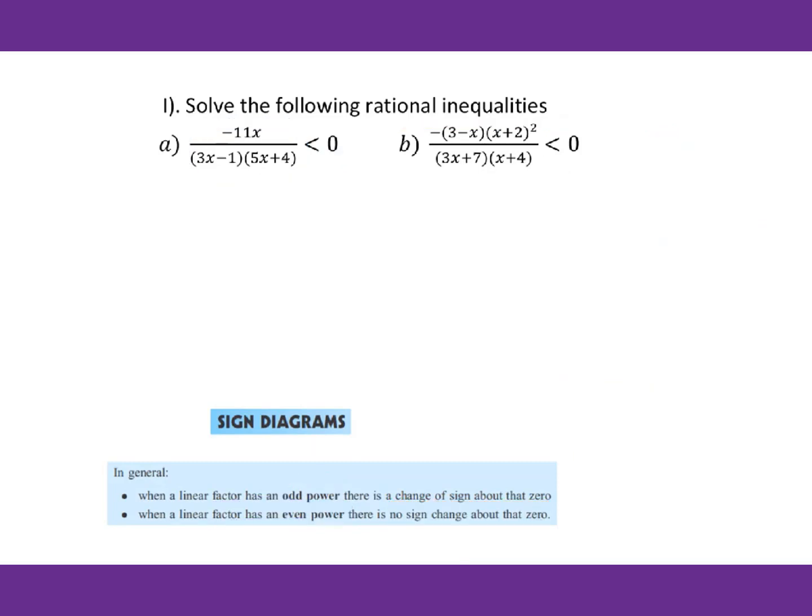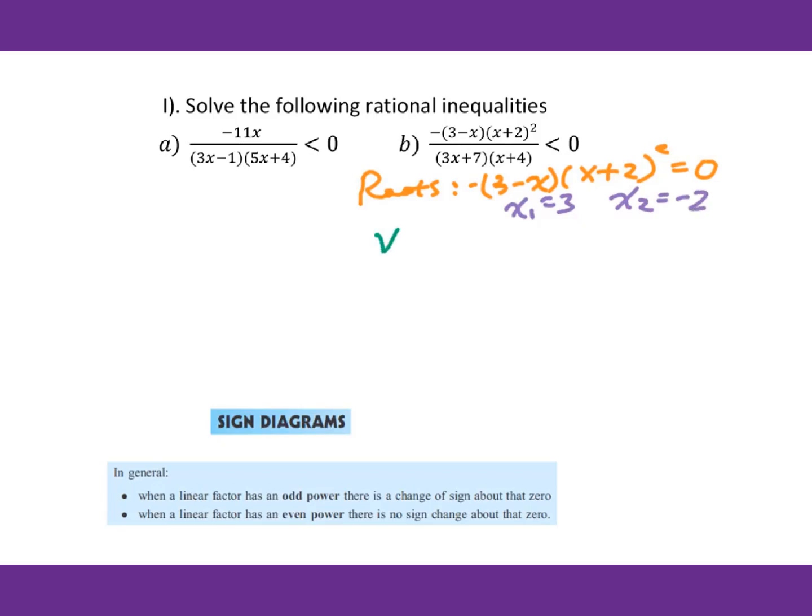Now let's look at B. Still, we need to figure out the roots. We will set the numerator, negative 3 minus x times x plus 2 squared, equal to 0. So we get x1 equal to 3, x2 equal to negative 2.